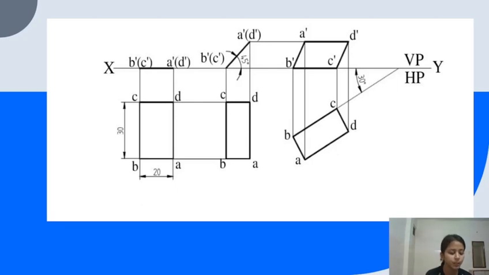Then label the points as A, B, C and D. Then in front view, draw vertical projection lines from points A, B, C and D. Draw the inclined rectangle such that its height is 21.2 mm above the base. Then label the points A, B, C and D accordingly.